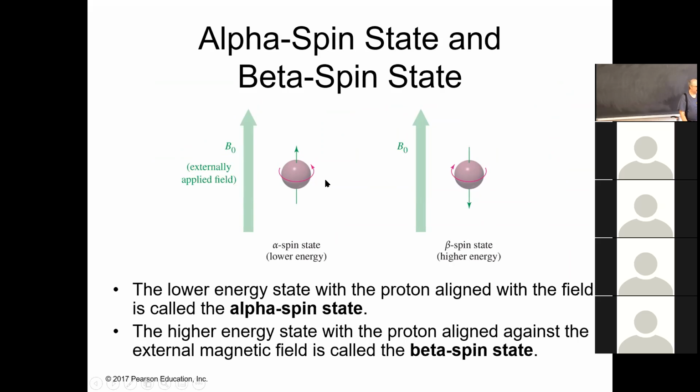When we're talking about protons, and most of our discussion will be about protons, or actually any nucleus with a magnetic moment, the alpha spin state is the one that is aligned with the external field, and the beta spin state is the one that is opposed. So there's just two spin states, aligned or opposed.